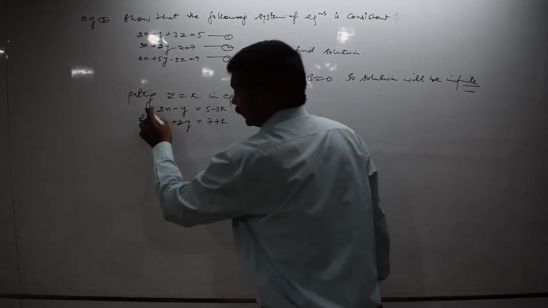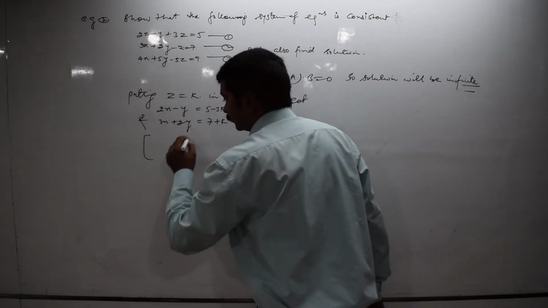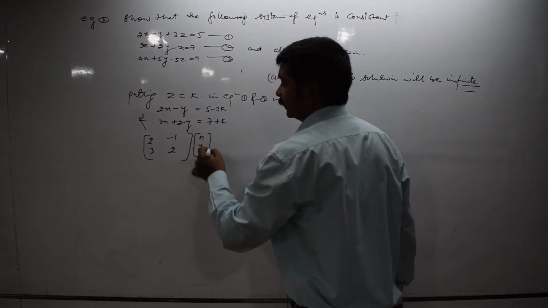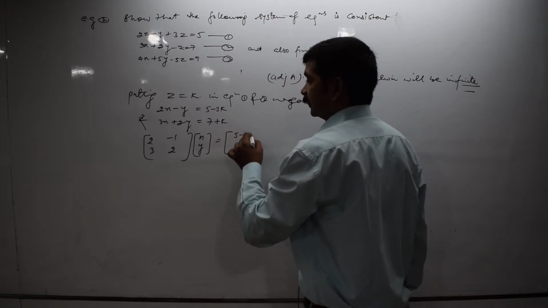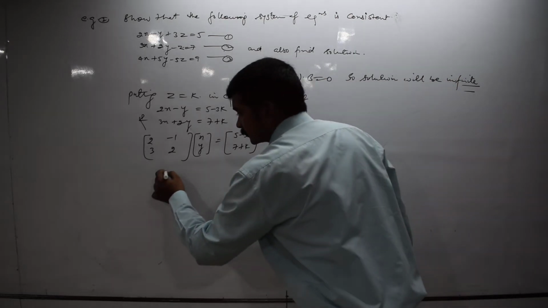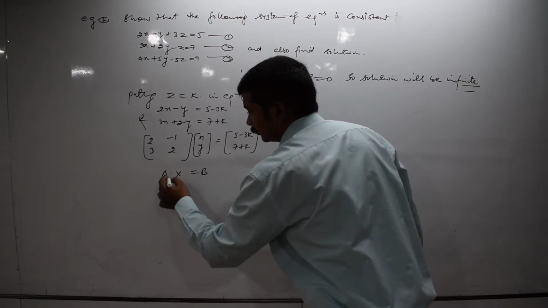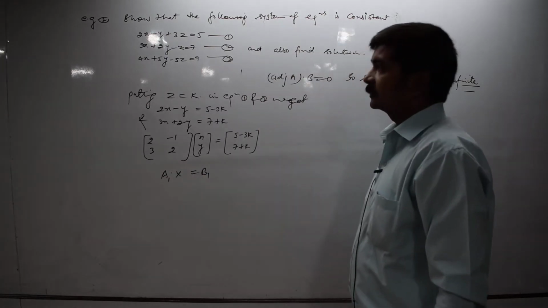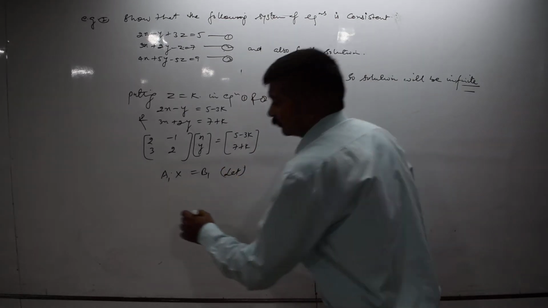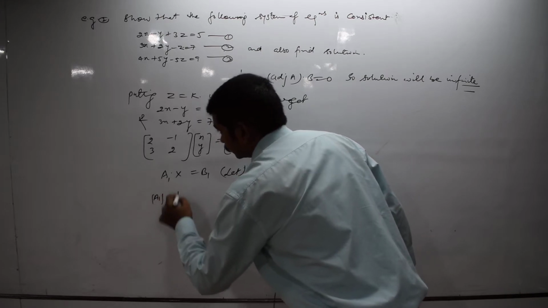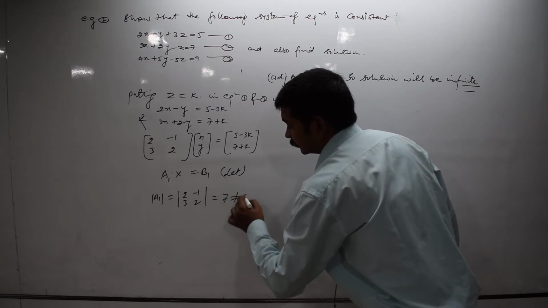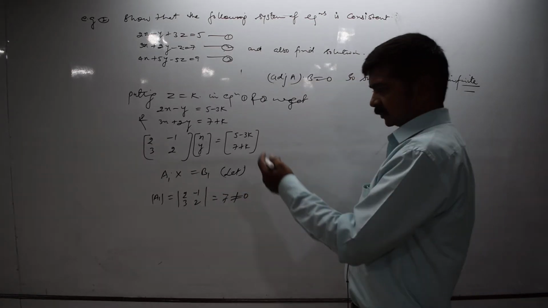Now we write these in matrix form: 2, 3, minus 1, 2 times x, y equals 5 minus 3k, 7 plus k. This is the matrix form, and we suppose A1 X equals B1, where mod of A1 equals 2, 3, minus 1, 2, which is 7 and does not equal 0. So the solution will be possible.